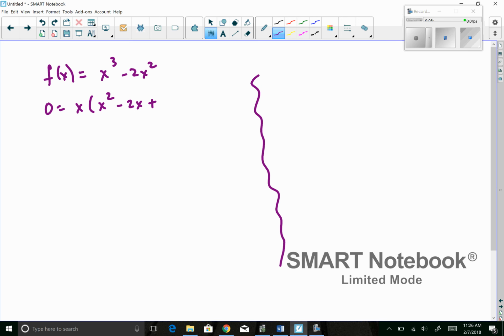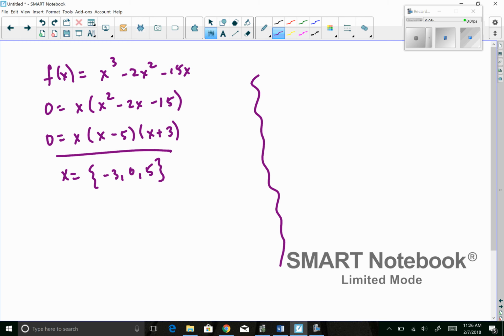Let's change this up to negative 15x. Okay, so if we're factoring, we first take out that GCF, then we could go through and factor more. So this becomes minus 5 and plus 3. So my solutions are negative 3, 0, and 5. Now that would be a perfectly acceptable method of solving, and this was an easy enough one that was factorable.